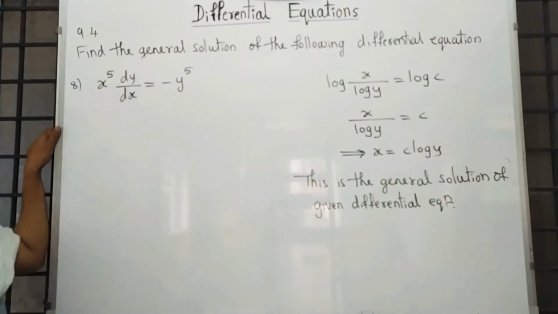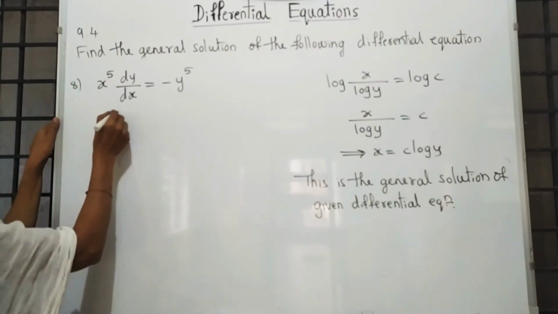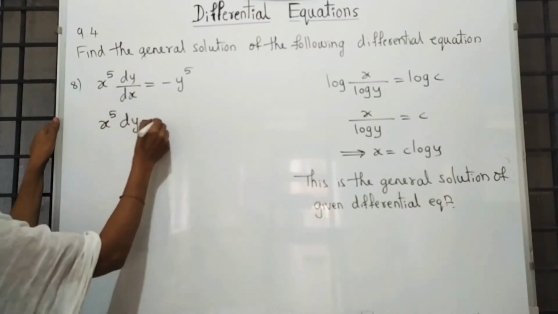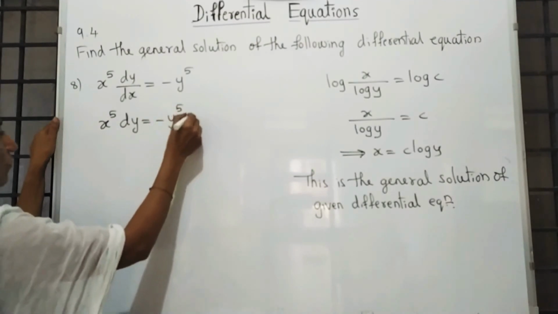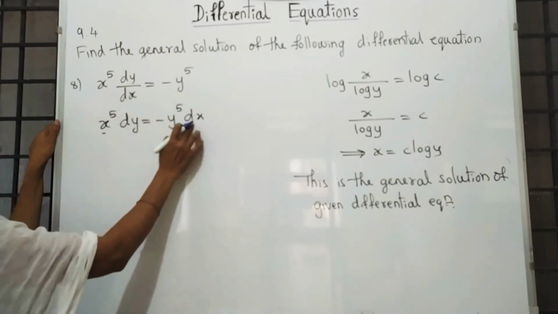Here, first I am cross multiplying this. When you cross multiply, x raised to 5 into dy is equal to minus y raised to 5 into dx. Then this is extra and here this is extra.